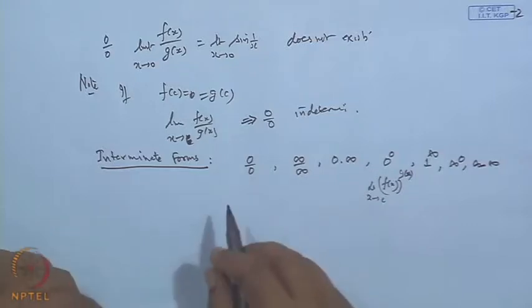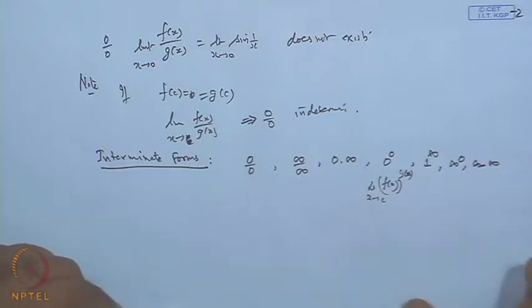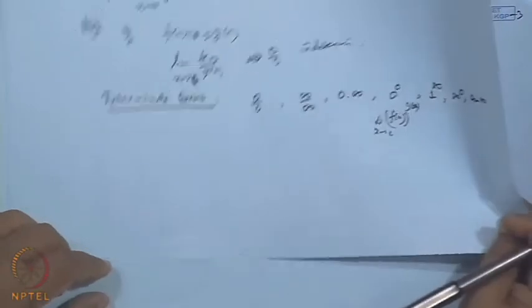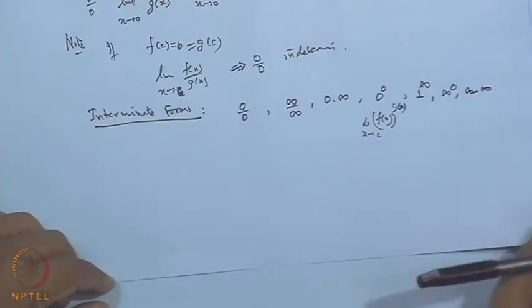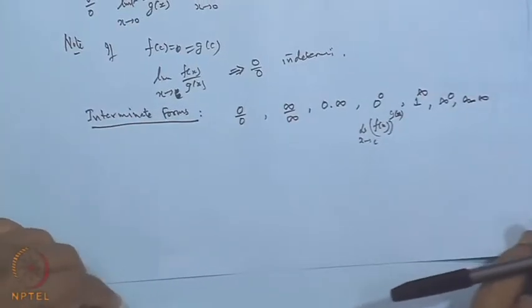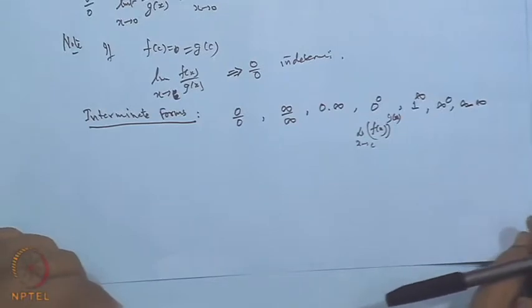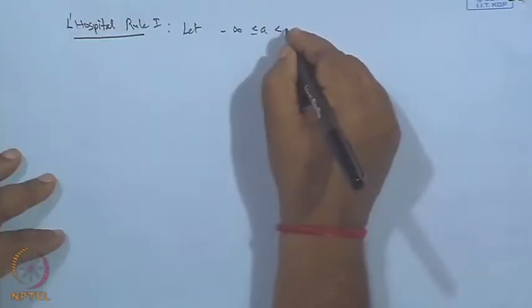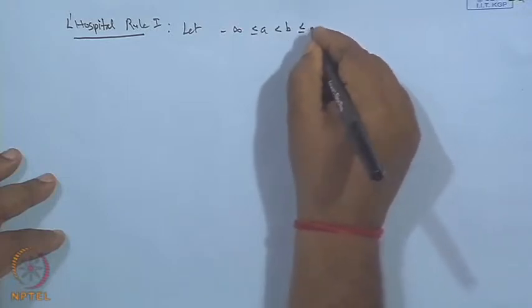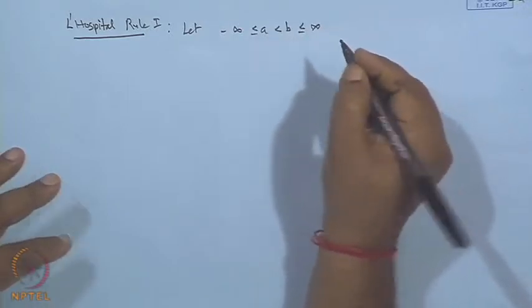To evaluate this type we require certain tricks, because just by substituting the value or taking the limit we cannot say what the limit is, which may be a real number, or infinity or minus infinity also.